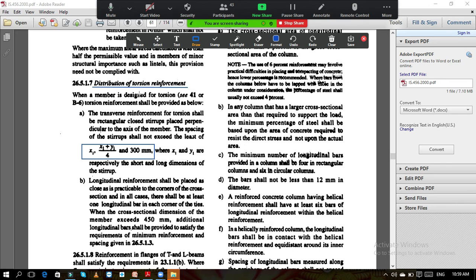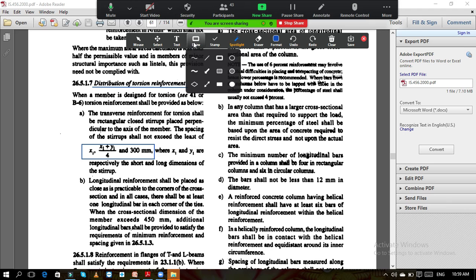What they have told is, when a member is designed for torsion, torsional reinforcement shall be provided as below. A. The transverse reinforcement for torsion shall be rectangular closed stirrups placed perpendicular to the axis of the member. The spacing of the stirrups shall not exceed the least of.